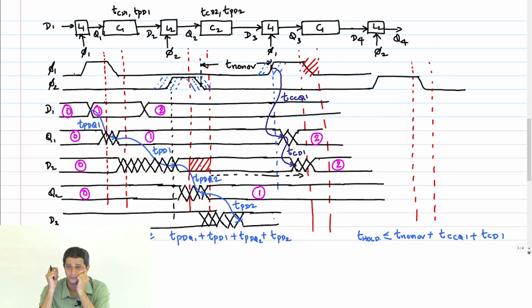Yeah, it does, just exactly like how it would affect my earlier thing. I would simply add skew here. Correct? Because now my hold window has moved to the right. If there is skew, this hold window would have moved here.